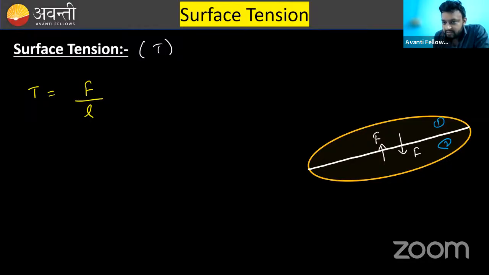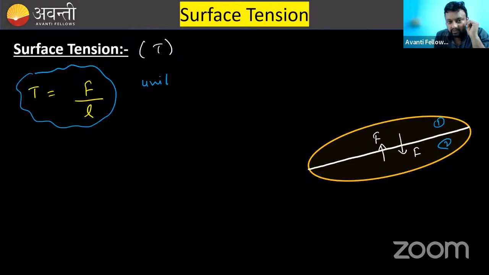So surface tension is defined as force per unit length. From this relation, the unit of surface tension is Newton per meter.